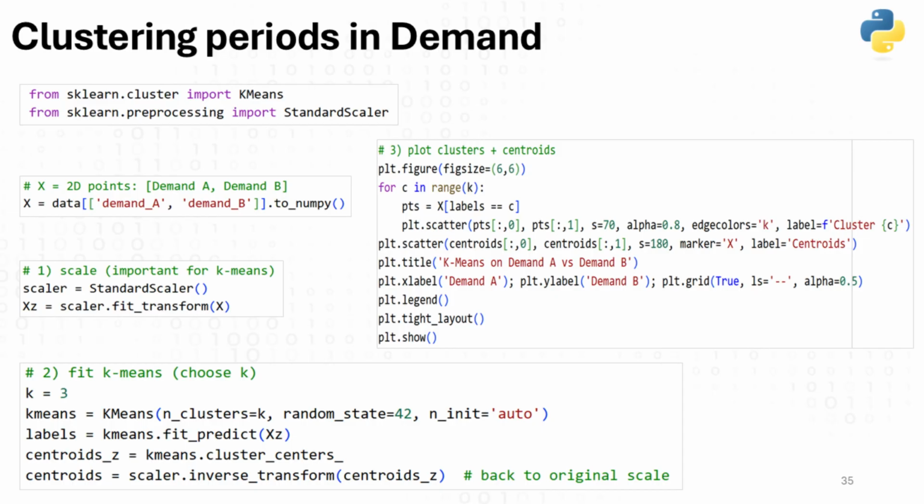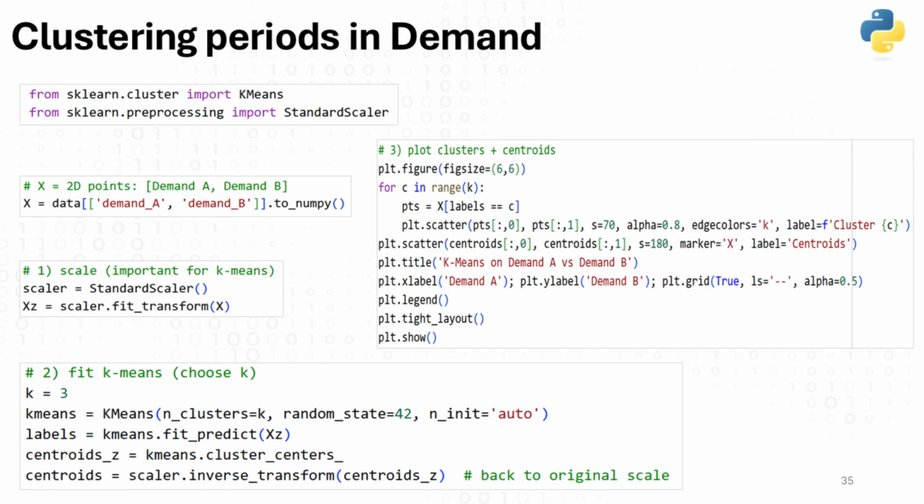Implementing k-means in Python requires a few extra steps to ensure the algorithm performs accurately. Our workflow here uses scikit-learn and follows a 3-step process to group our demand records. First, we prepare our data. We extract the demand values for both products and convert them into a 2D NumPy array, creating a spatial representation of every historical record.